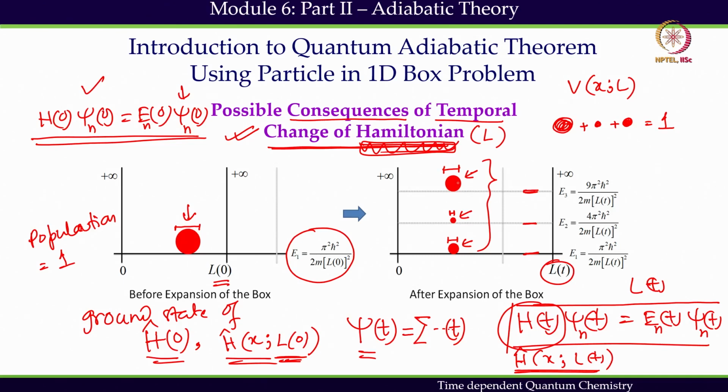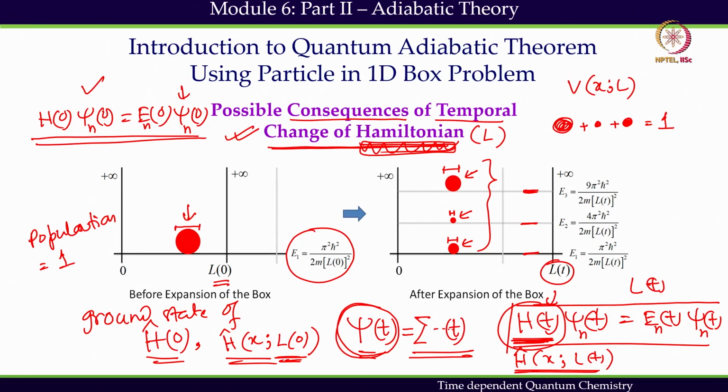The states are now defined by this Hamiltonian H(t), but the overall physical state of the particle, not quantum state, is given by psi(t), which is a non-stationary state, expressed as a linear combination of the stationary states defined by H(t).